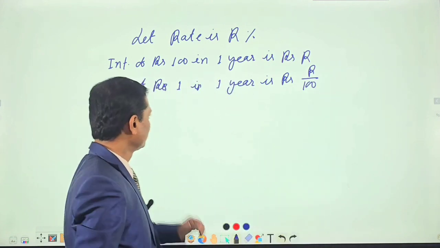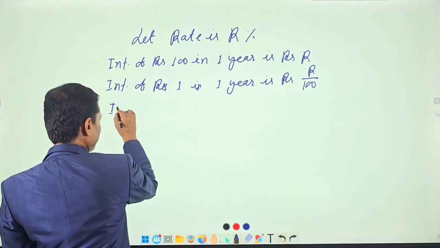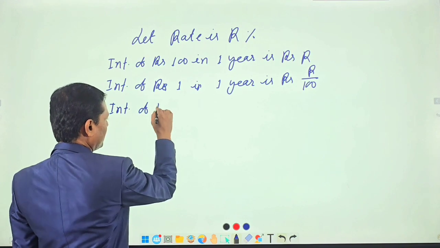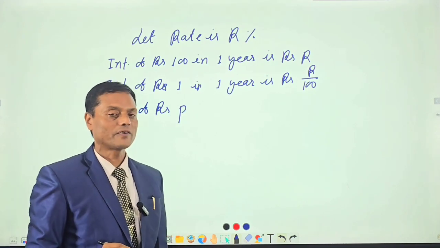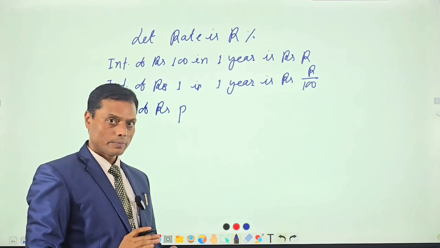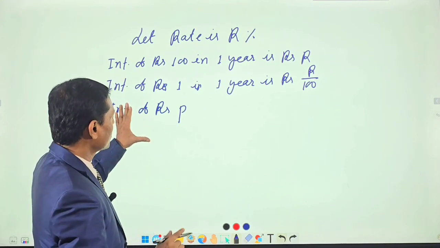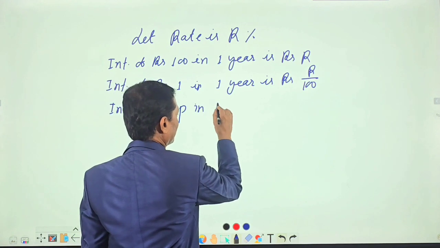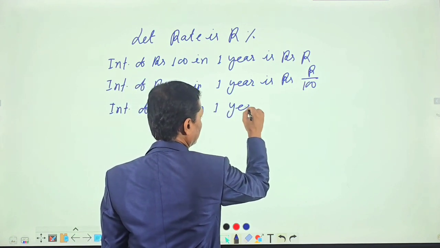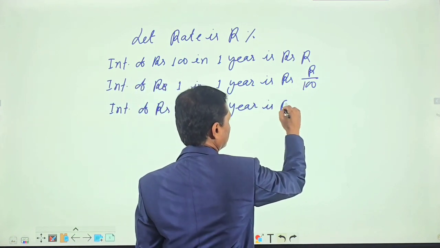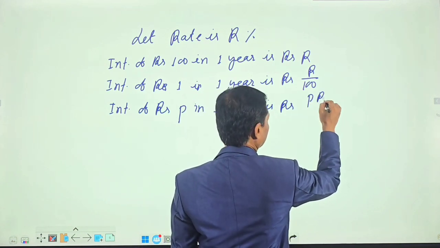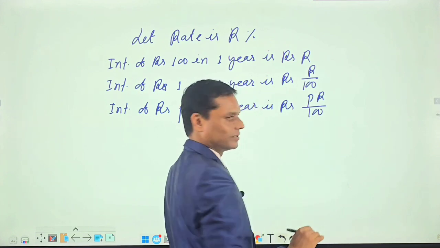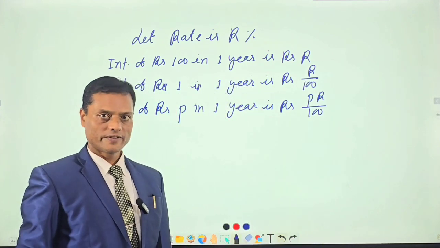That's clear. Now after that, the interest of rupees P, because P is the principal, isn't it? So we are going to find the interest of P, right? So the interest of P in 1 year is rupees PR over 100, by the unitary method.